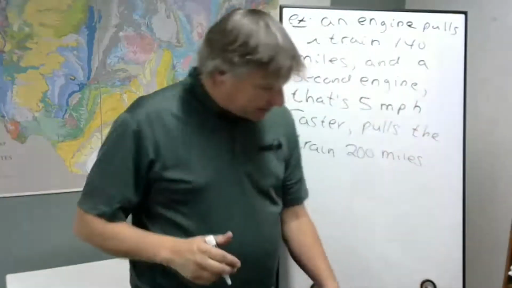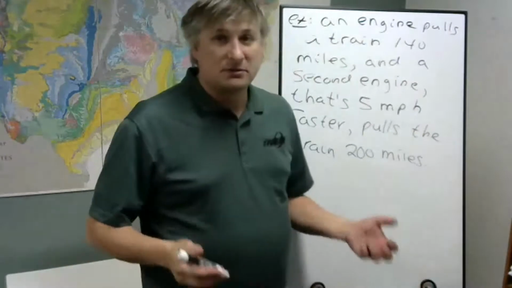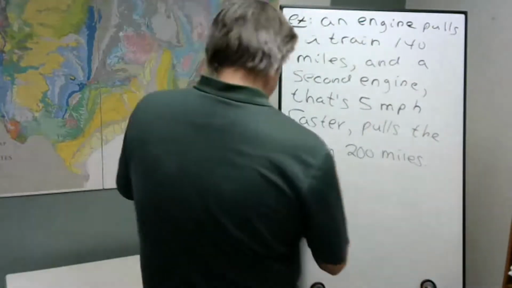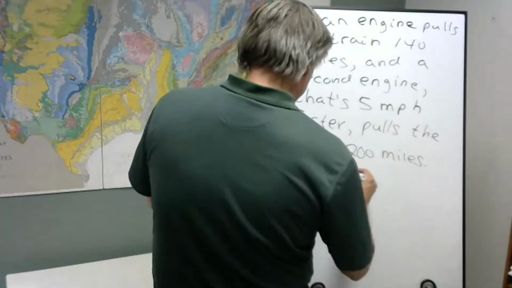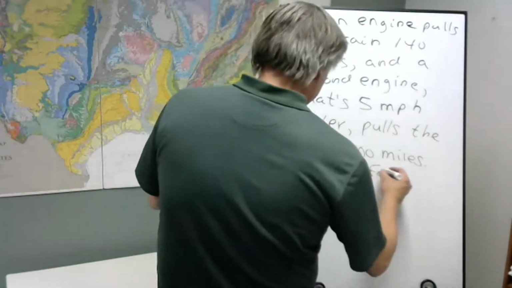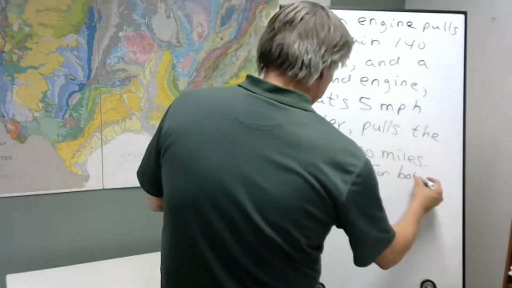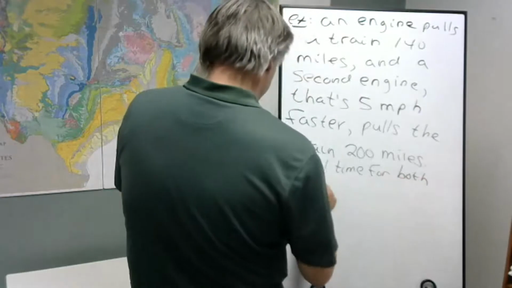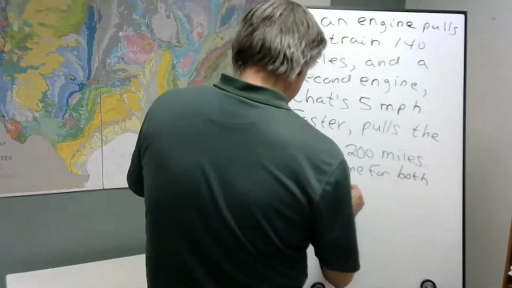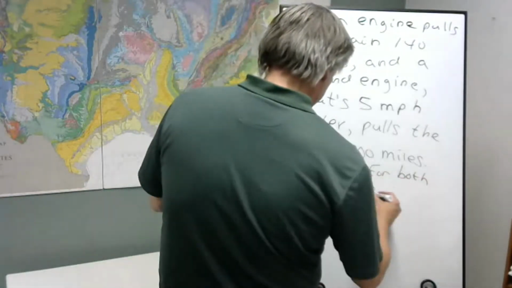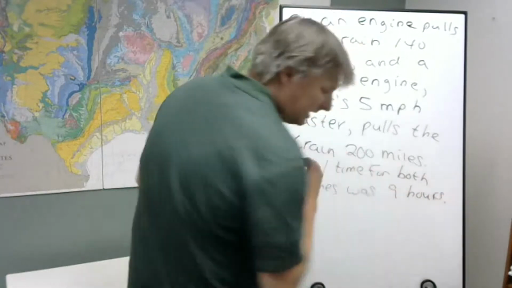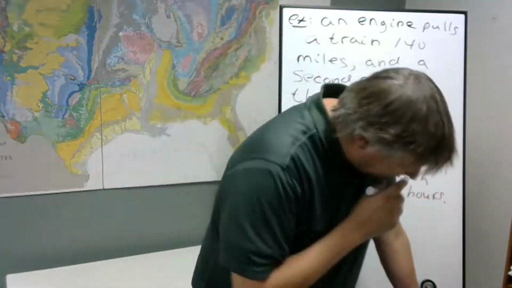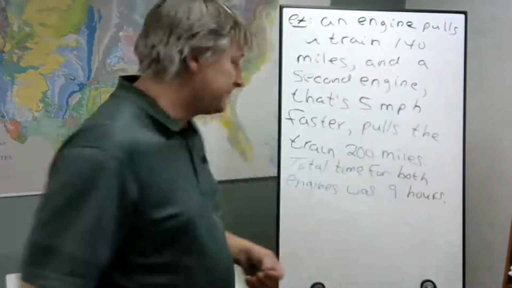Now the total time required for both engines is 9 hours. And so what we want is find the average rate for each train.